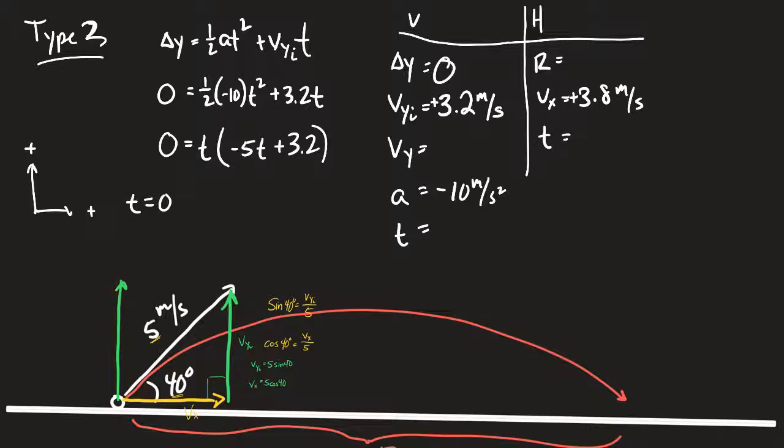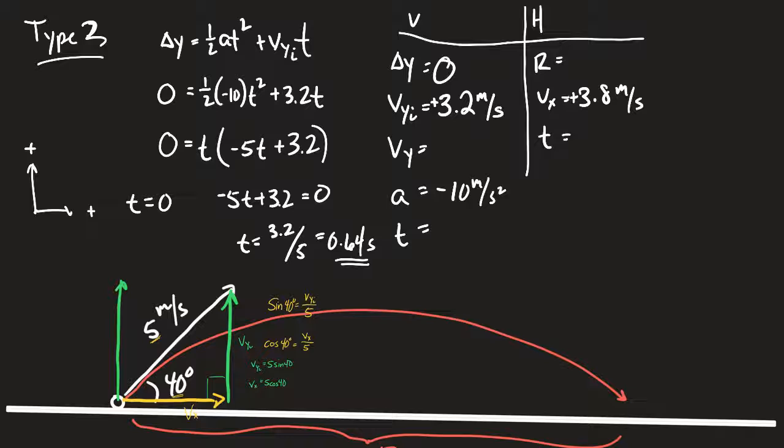T equals 0 and negative 5t plus 3.2 equals 0, or t equals 3.2 divided by 5, which is like 0.61? 0.64. 0.64, right? That's right. I know my times tables. 0.64. Which of these two times is correct?